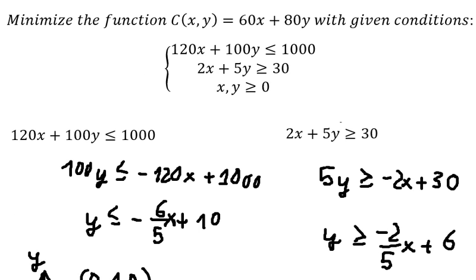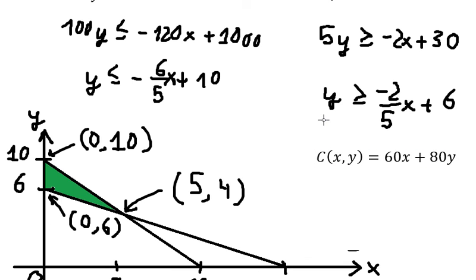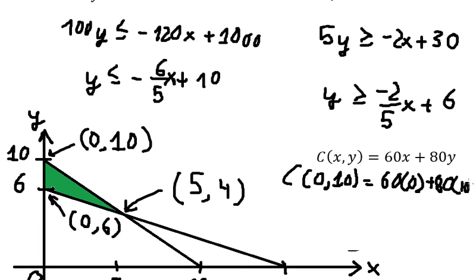So we have the function in here. So for this point, 0, number 10, we put s equal to number 0, y equals number 10. So this one we have 800.